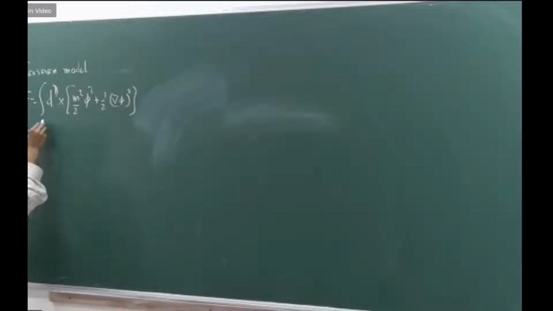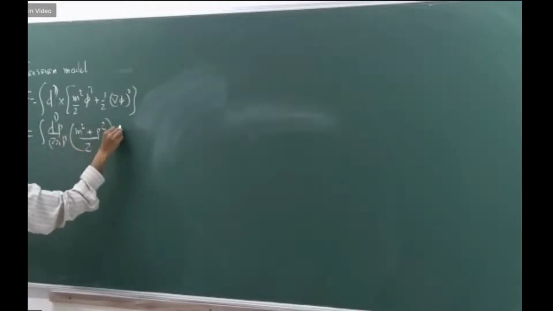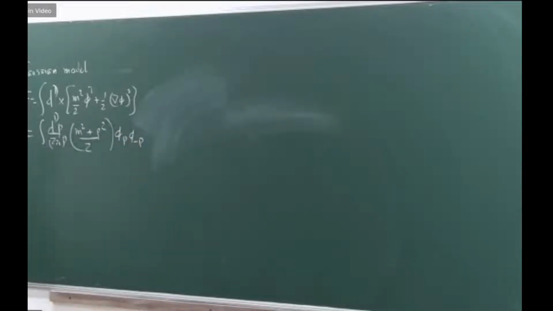This in momentum space is the integral d^dp over 2 pi to the power d, m square plus p square by 2, phi p phi minus p.